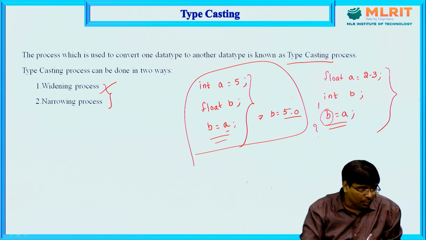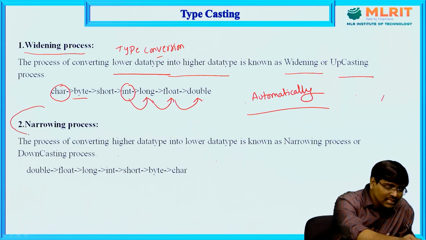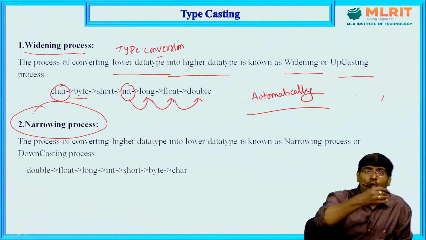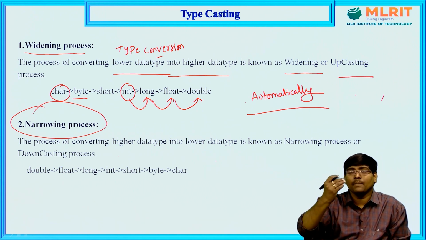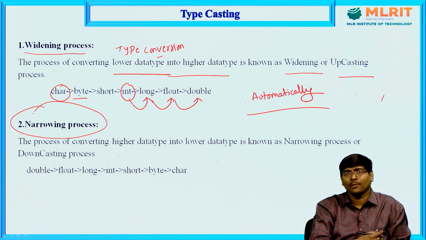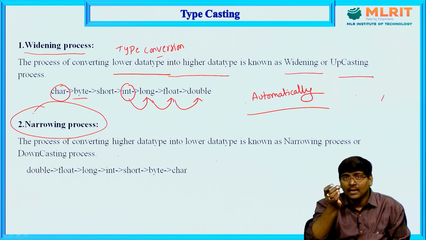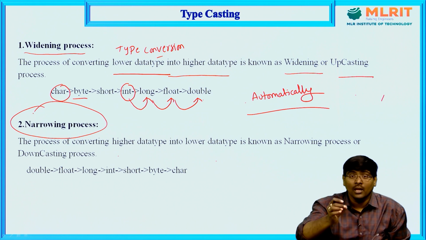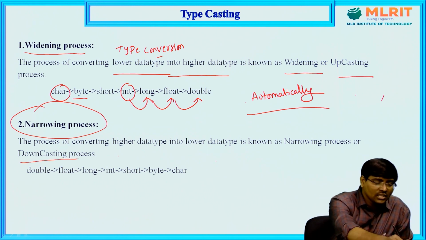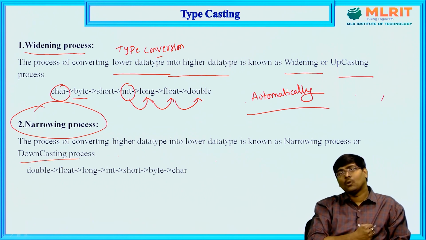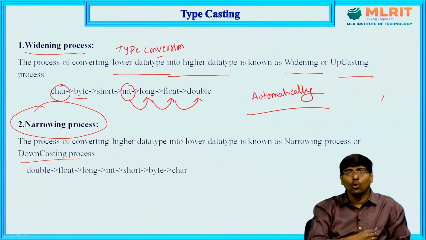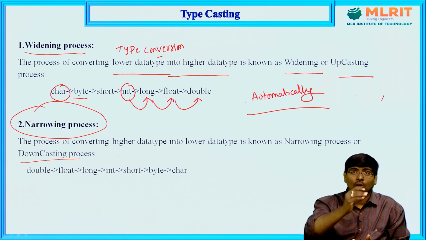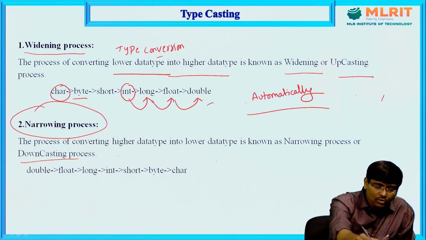But the problem is in the narrowing process, converting a higher data type into a lower data type. That is mainly called typecasting, also called downcasting. What is the problem here? If you convert higher into lower, we lose some value. It is exactly the reverse.